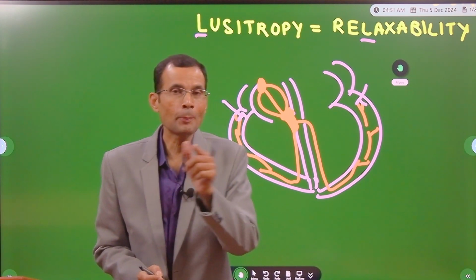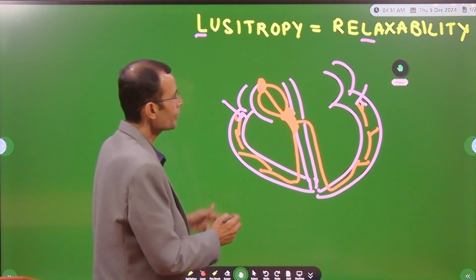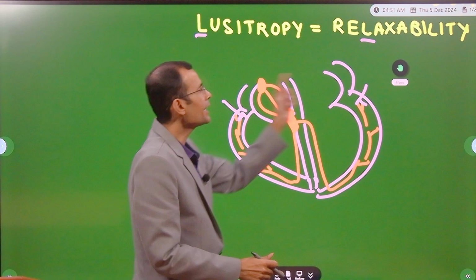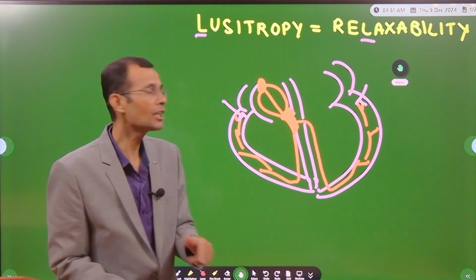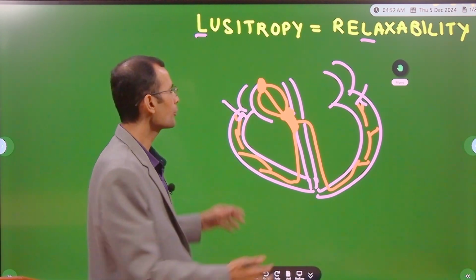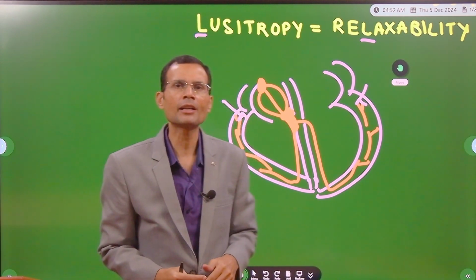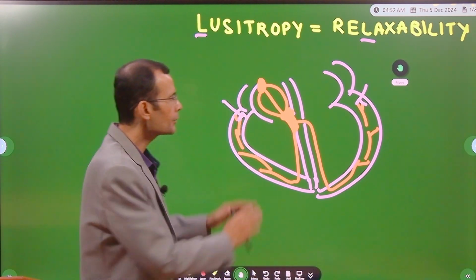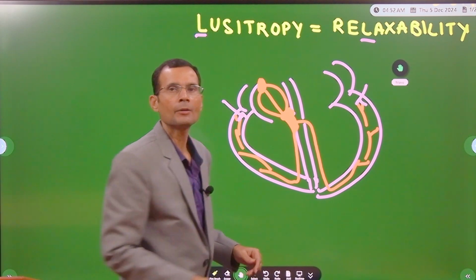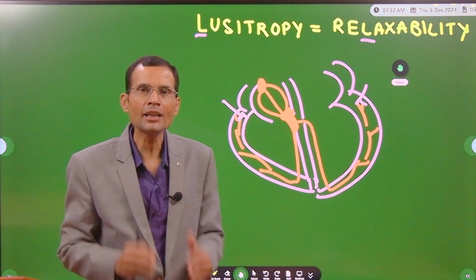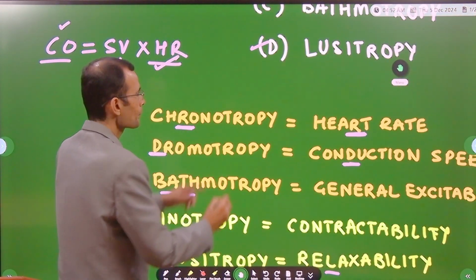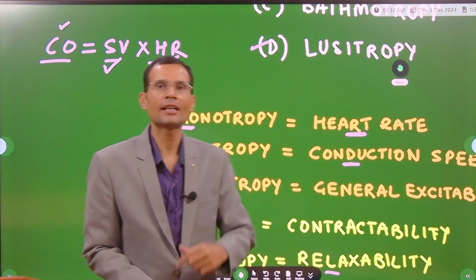Talking about vagus, the parasympathetic nerve. Now this vagus innervates the conducting system and the atrial musculature, but vagal innervation is not there in the ventricles. Some authors like to believe that vagus also innervates the uppermost part of the ventricles, but keeping that aside, it's inconsequential. Vagus innervates mainly the conducting system and the atria, and therefore vagus mainly influences the conducting system effects, that is heart rate, conduction speed and general excitability.